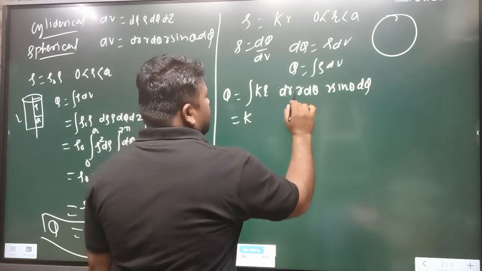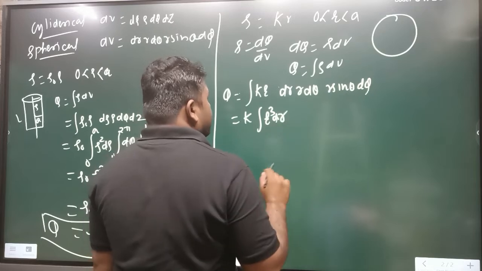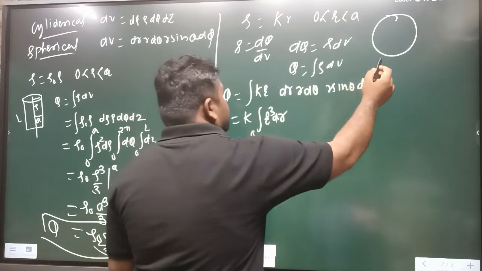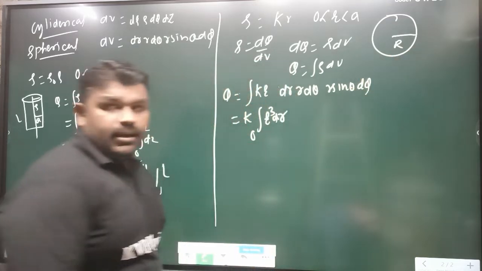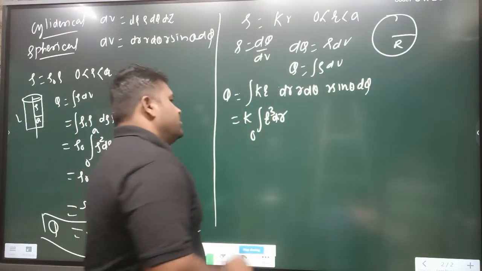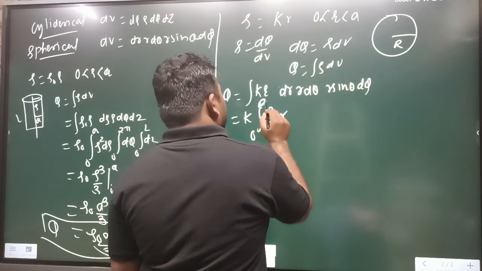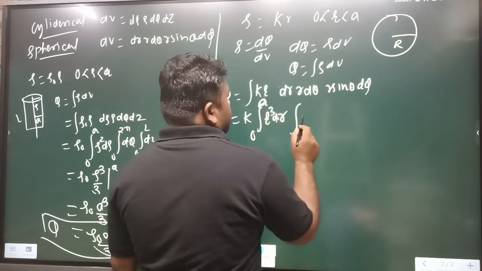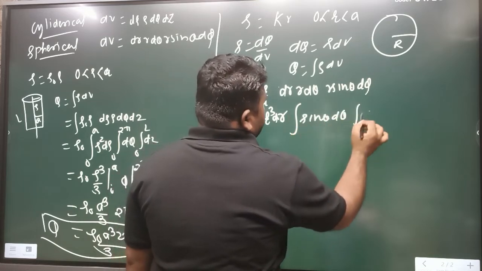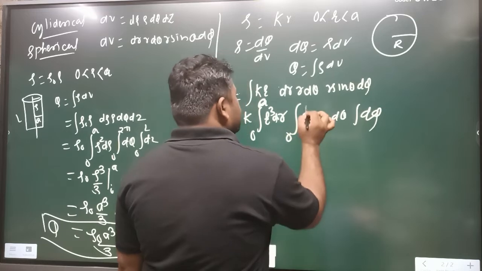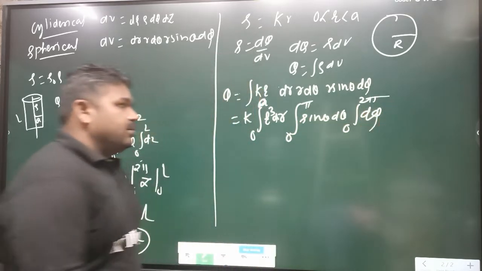This r, this r and this r become r to the power 3 dr, limit 0 to the radius of the sphere, capital R, means 0 to a. Next, sin theta d theta, and third one is d phi. Theta varies from 0 to pi, phi varies from 0 to 2 pi.